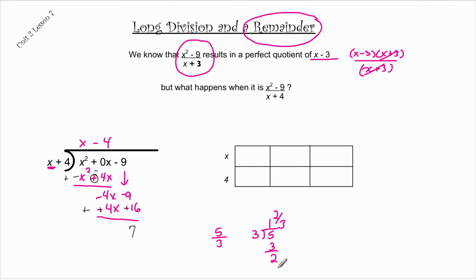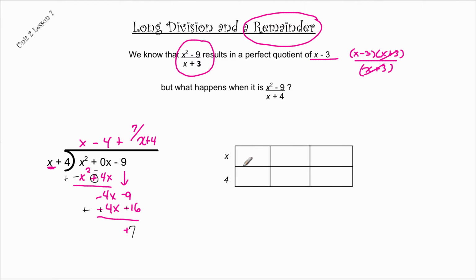Well, we're doing the same thing right here. We're taking that 7, and we're putting it over the divisor, which was x plus 4. And since this was a positive 7, a positive sign goes right there. There, you just did long division, but you had a remainder, and you didn't get a 0 down here.